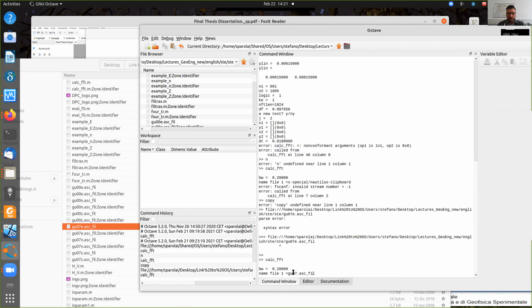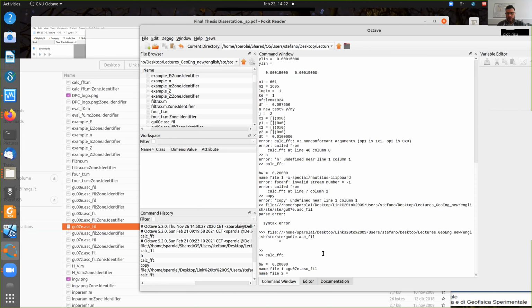And I will take the east-west component of shaking, for example. Now I will do the same for station 0, you remember the one that was considered as a reference, and exactly the same east-west component.